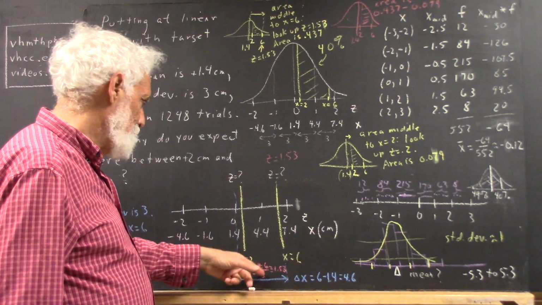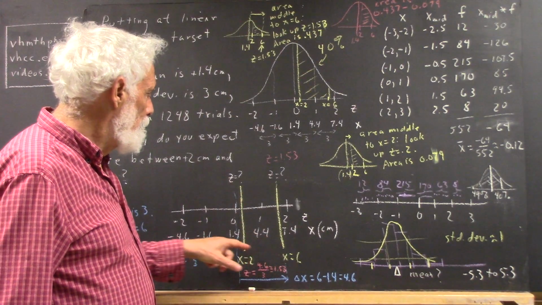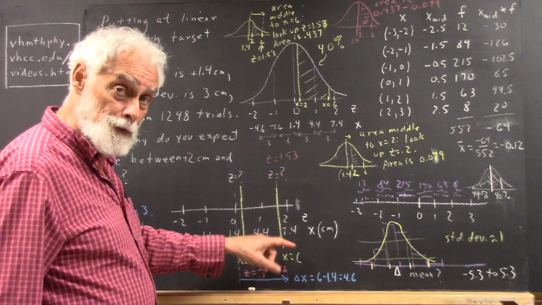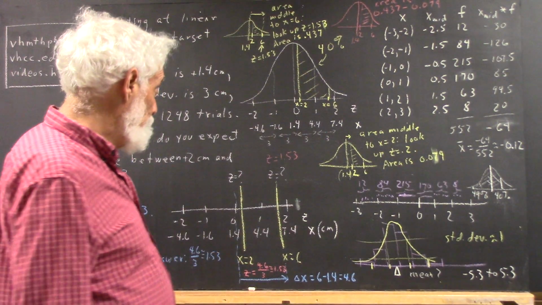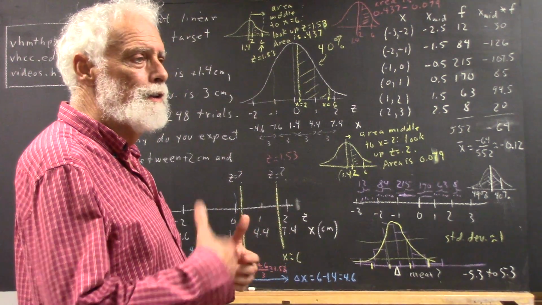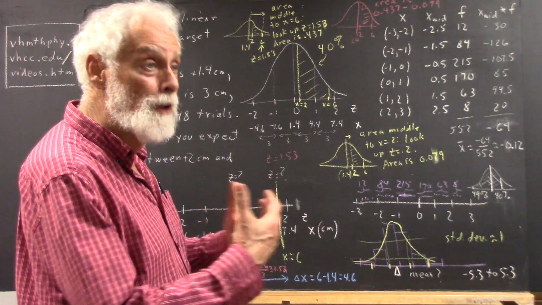Well, from the mean to x equals 6, the distance is, well, I'm looking at what I have here. I thought I had a calculation here. I've just got a number. The distance from 1.4 to 6 is 6 minus 1.4. Convince yourself of that. What's the distance from 4 to 10? Well, if you subtract 4 from 10, that gives you the distance from 4 to 10.